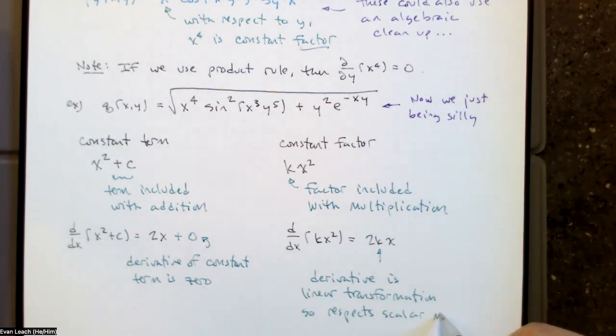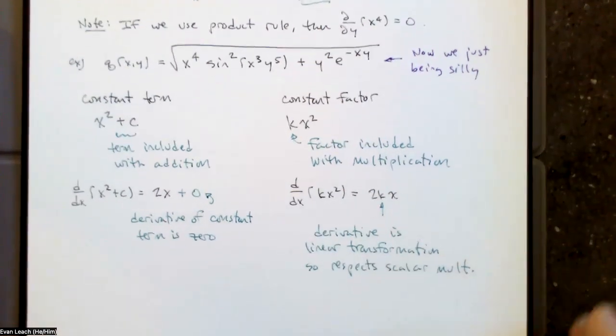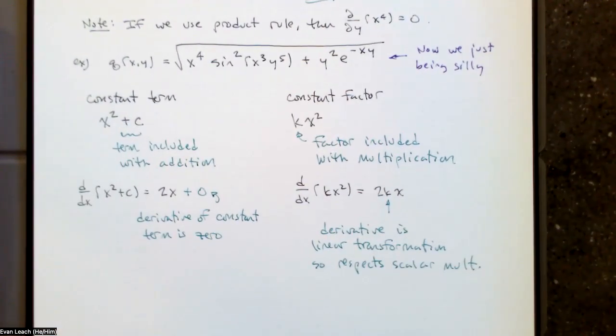Scalar multiplication. As a linear transformation, the derivative respects scalar multiplication. The derivative of a constant times a function is that constant times the derivative of the function.